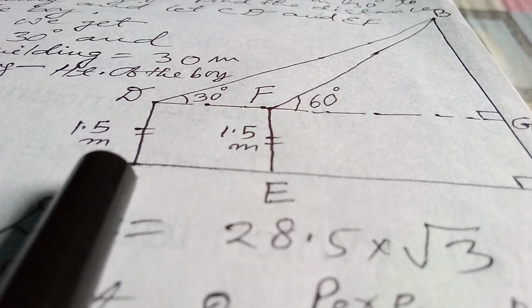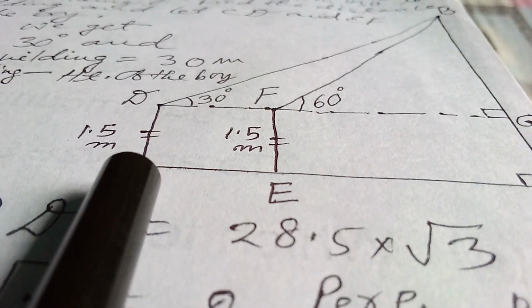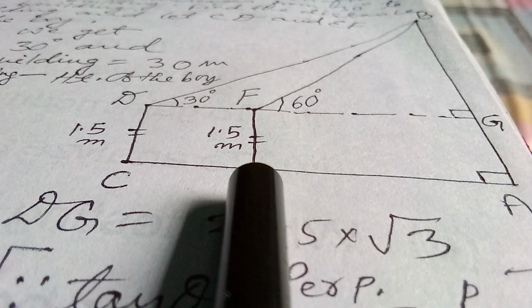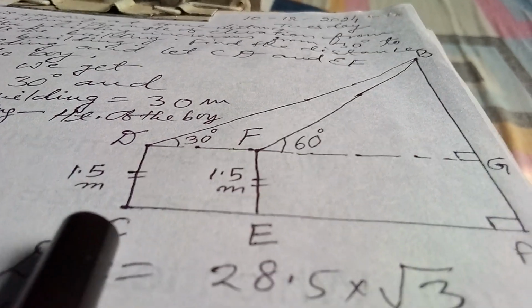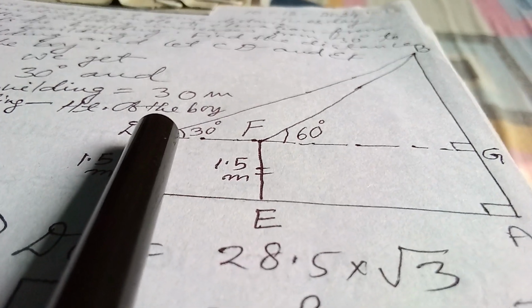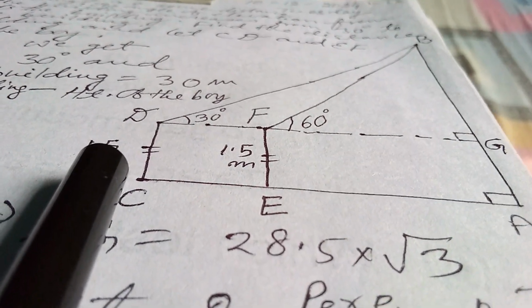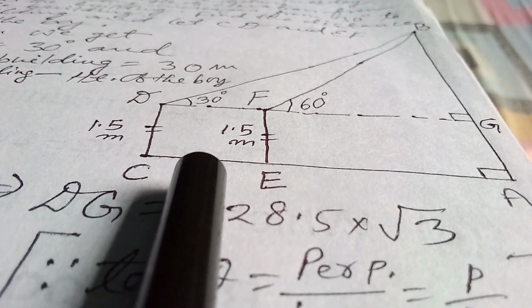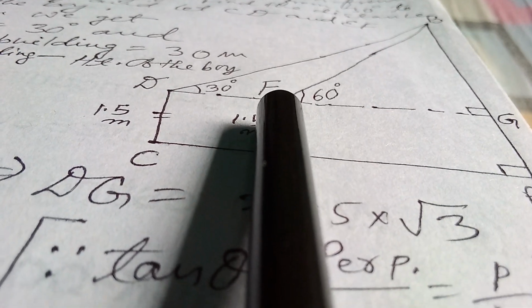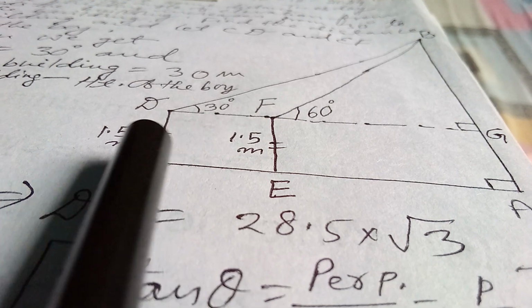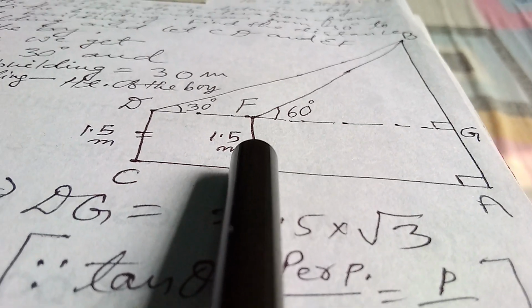So, from C point, he walks to E. So now his height is EF, and these both are equal, 1.5, because his height is the same.